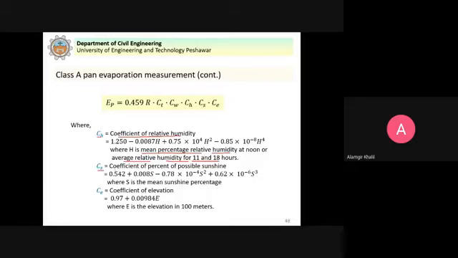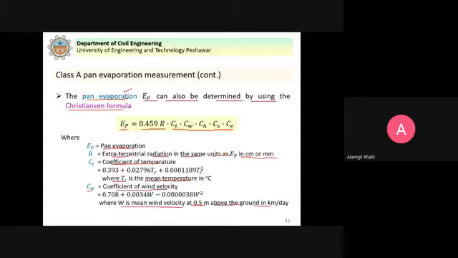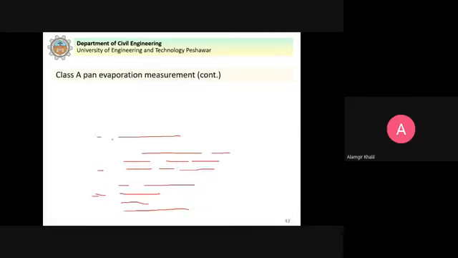CS is the coefficient of percent of possible sunshine, where S is the mean sunshine percentage, and CE is the coefficient of elevation, where E is the elevation in 100 meters. We can estimate this coefficient for any area if we know its elevation. So this is the Christensen formula, which can also be used to determine the pan evaporation.